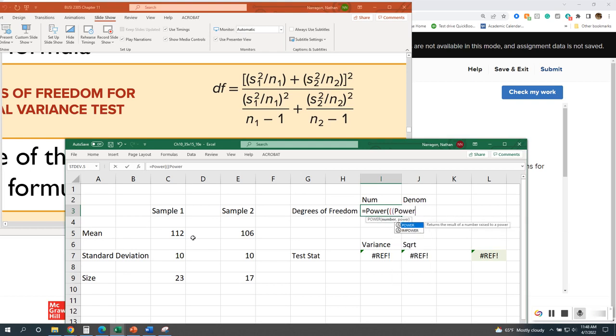So it's going to be power of our standard deviation from population 1, comma 2, squared, close that one, divided by sample size 1, close that parenthesis, plus another one, which is our sample size 2, which has to be in power, sorry.